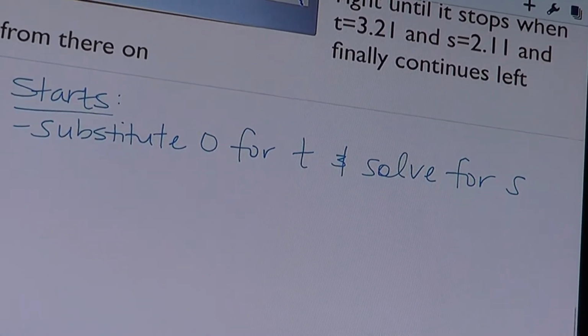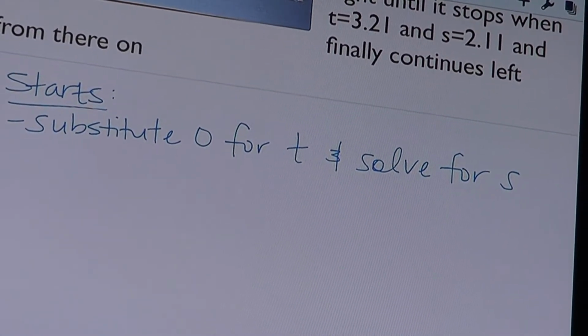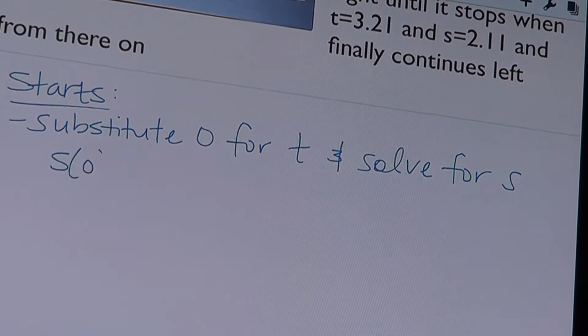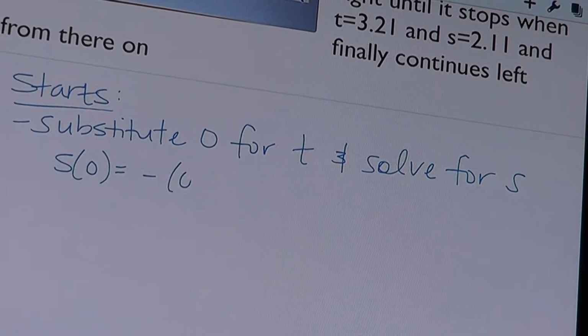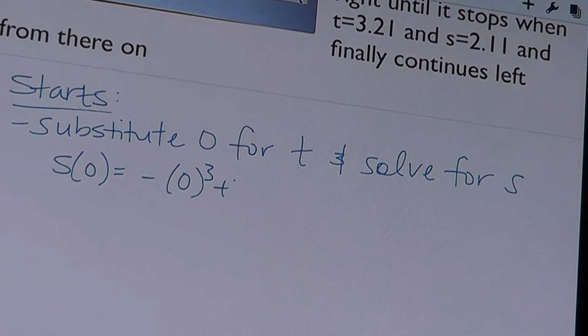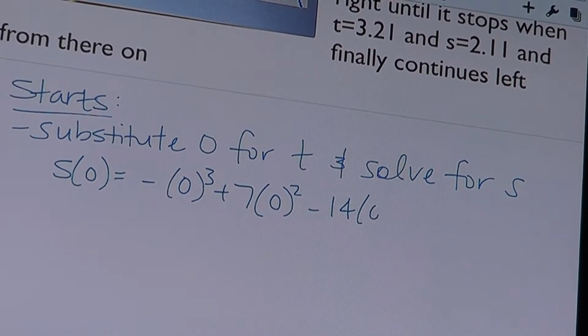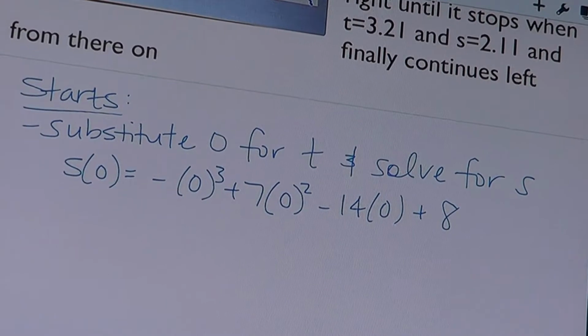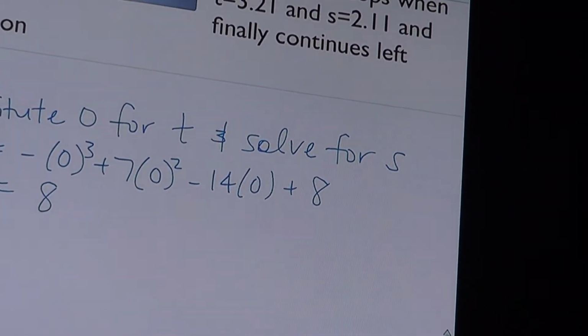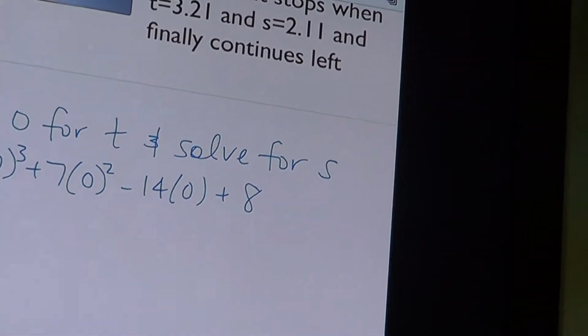So using this function, s of 0 equals negative 0 cubed plus 7 times 0 minus 14 times 0 plus 8, which would give us 8. So it starts at 8.